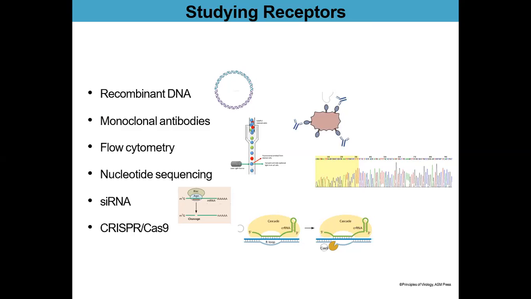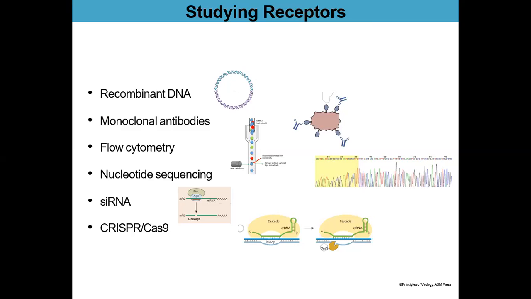And then two more recent technologies we have: small interfering RNA and CRISPR-Cas, which allow us to disrupt a gene. You can knock out a gene, or you can knock down a gene. CRISPR is also a gene editing technique.